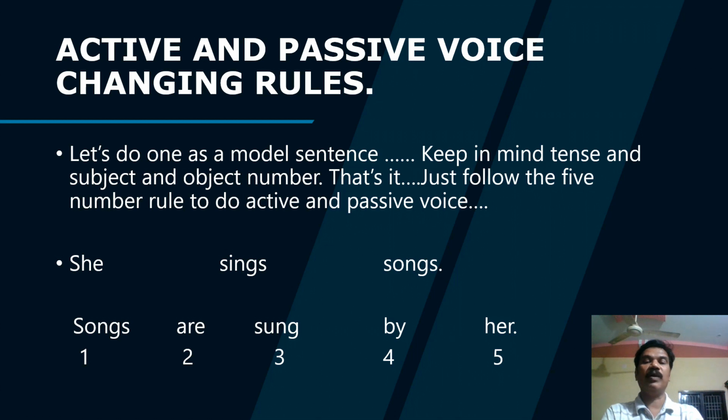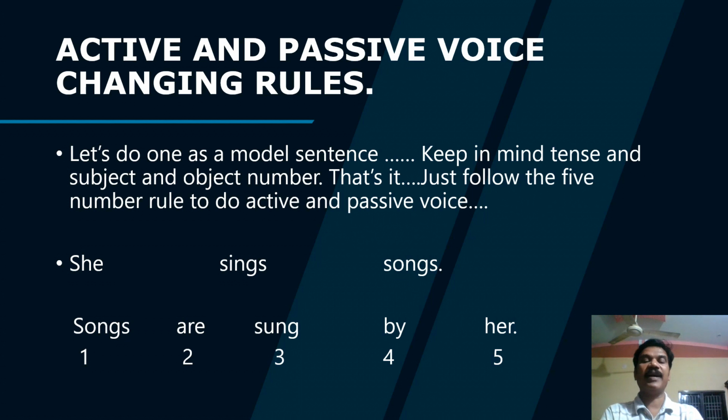As per rule number 1, songs become the subject of the sentence. Subject of the sentence is nothing but using that object at the beginning of the sentence before the verb. Then it becomes the subject. So songs, 1. Rule number 2, use the appropriate be form. Songs is plural, therefore in simple present tense we use are. Next, rule number 3, we always use only V3, therefore sing, sang, sung.